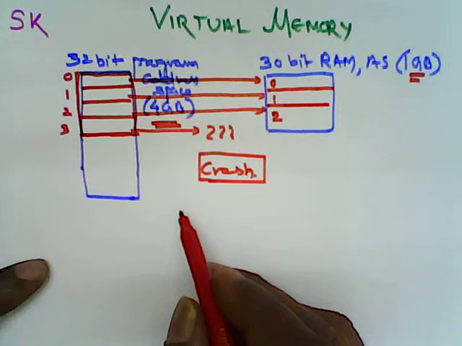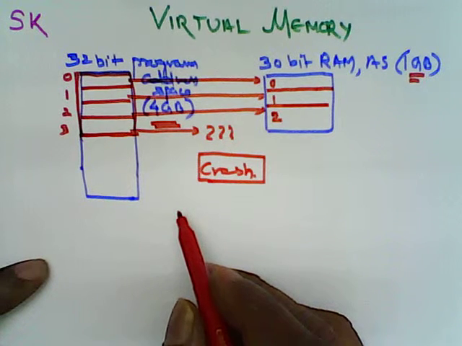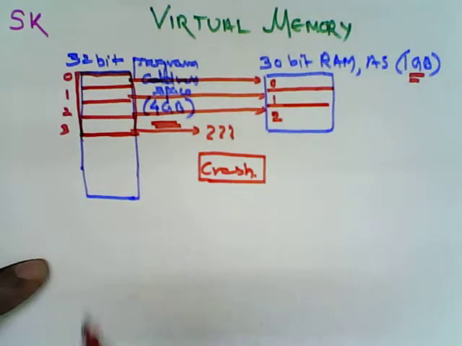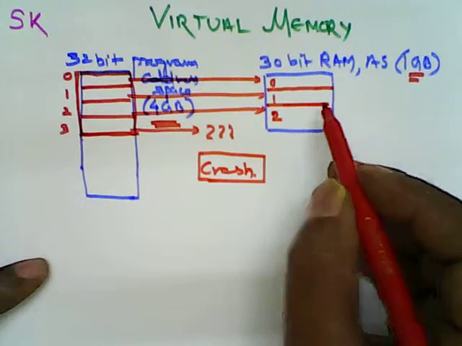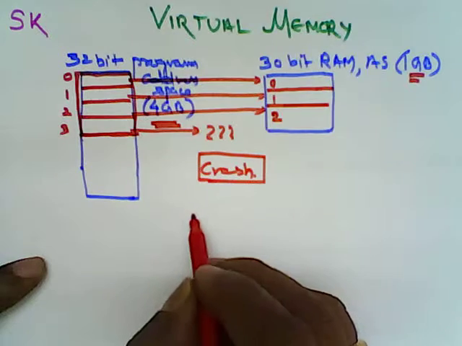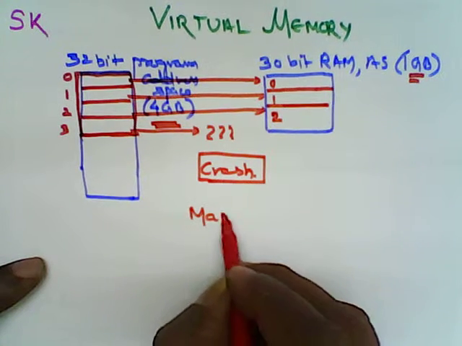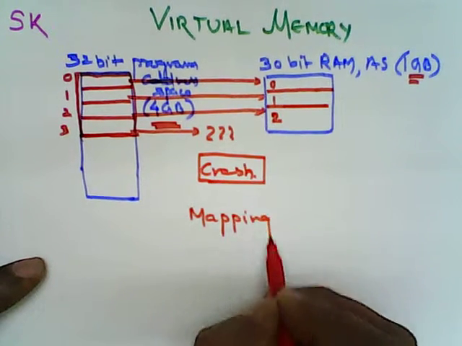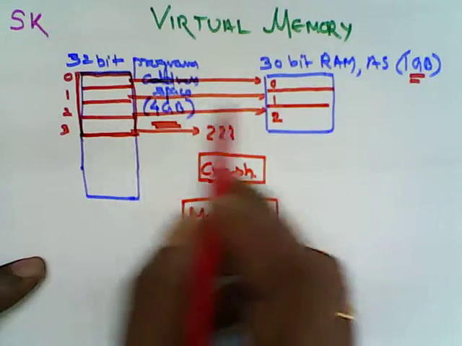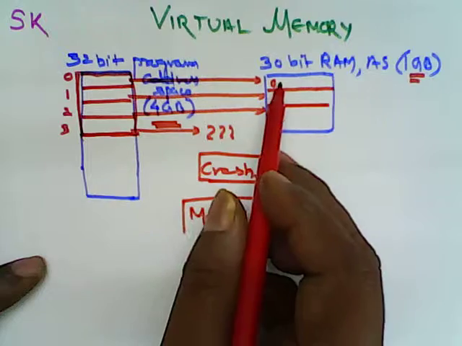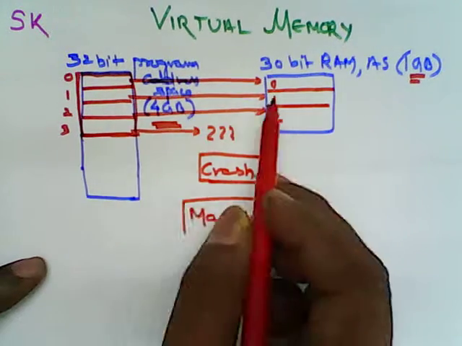So virtual memory maps the program address into the RAM, and for this we use the word mapping. Mapping means what? As I have shown directly, address 0 has been taken to the RAM, address 1, address 2, but the third address was not taken.